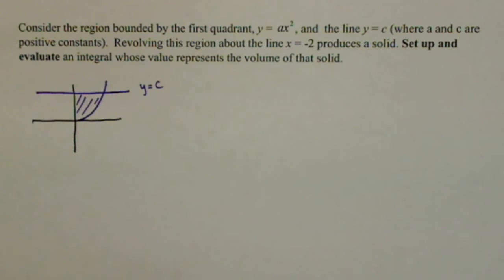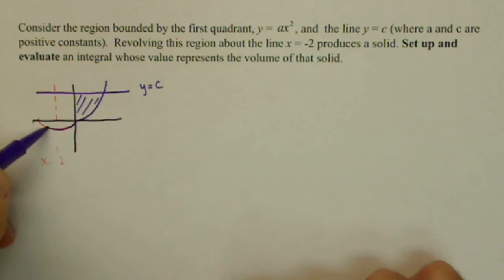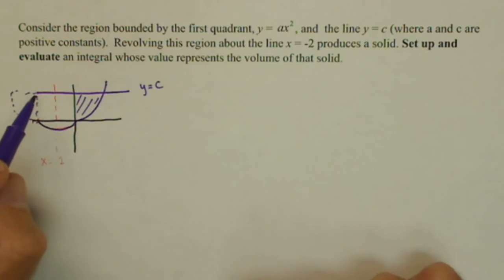Now we're going to revolve around the line x equals -2. So our curve is getting revolved around this way. So we see that we're going to have an open center. So here's kind of a mirror image. We're going to have an open center there.